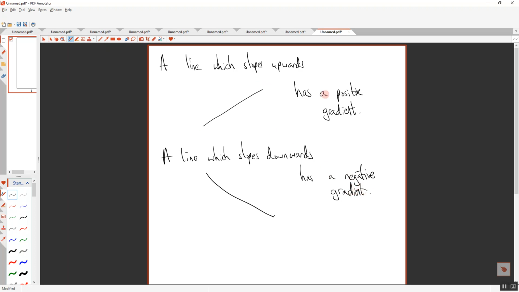Okay, so a line which slopes upwards has a positive gradient, a line which slopes downwards has a negative gradient.